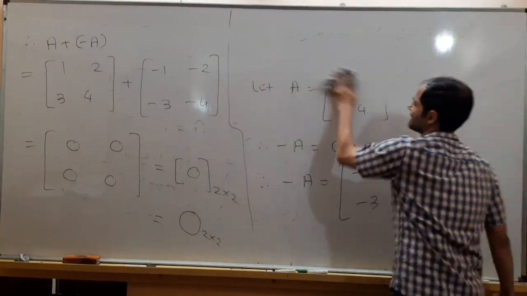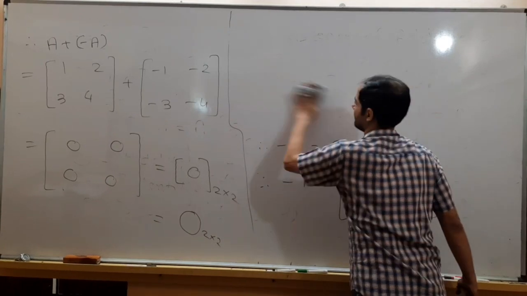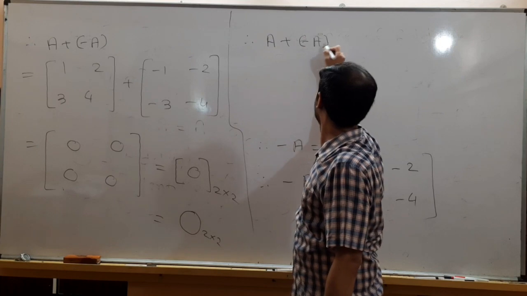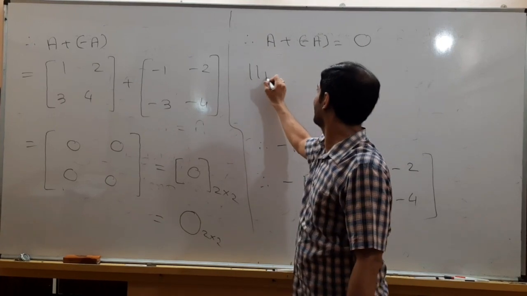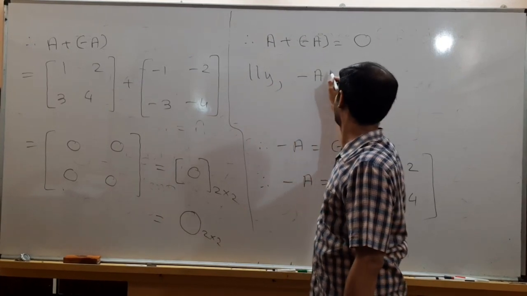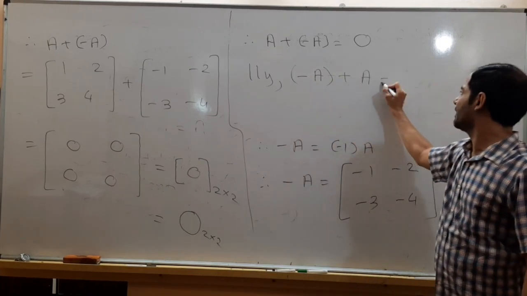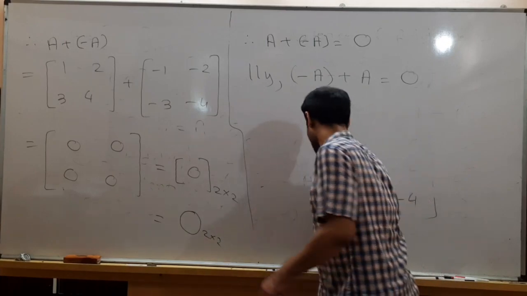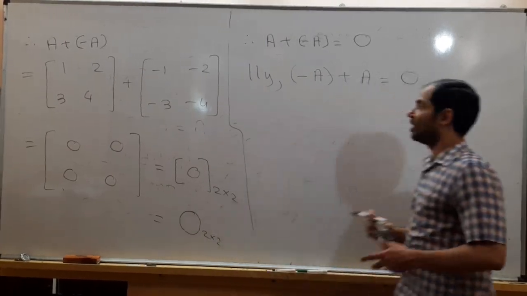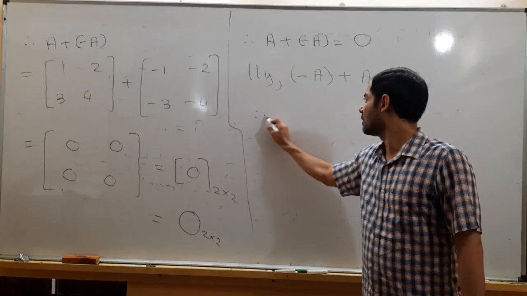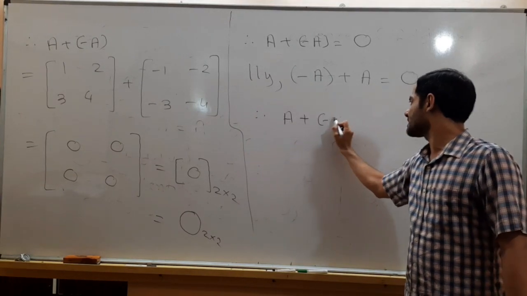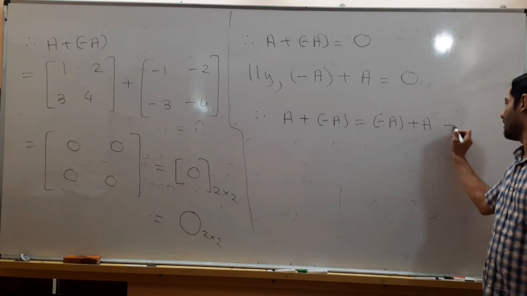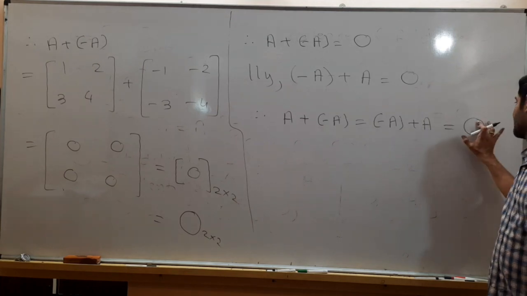A plus minus A as O. Similarly, minus A plus A will be O. This is the law I want to state: A plus minus A and minus A plus A will be the null matrix.